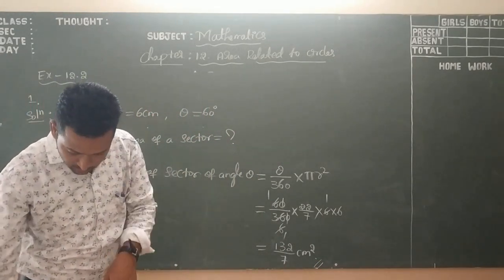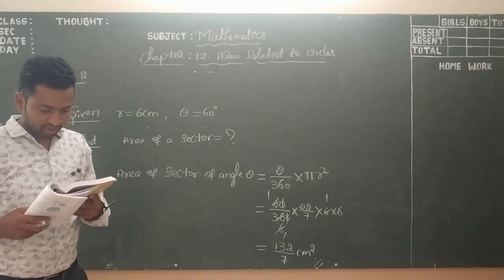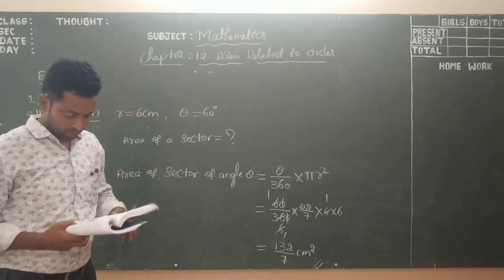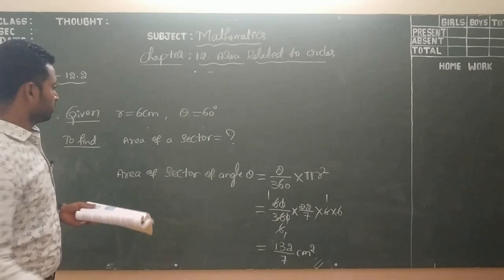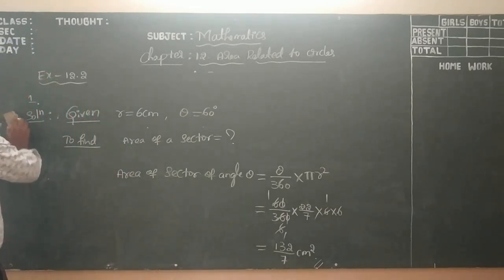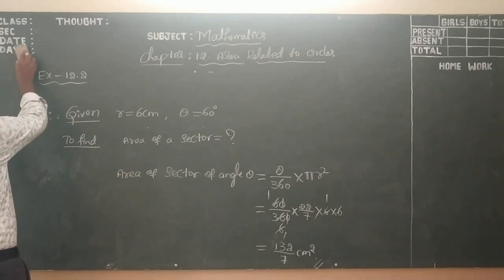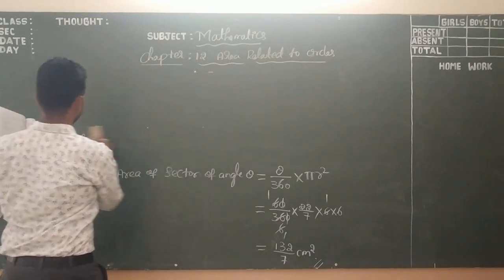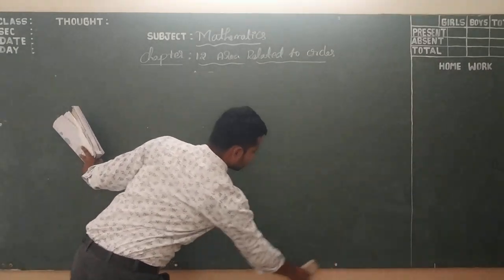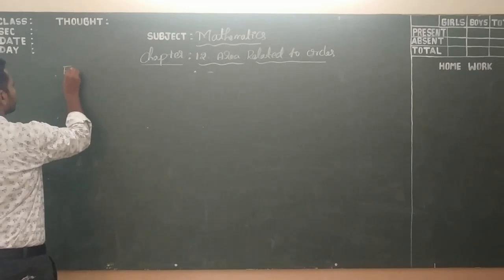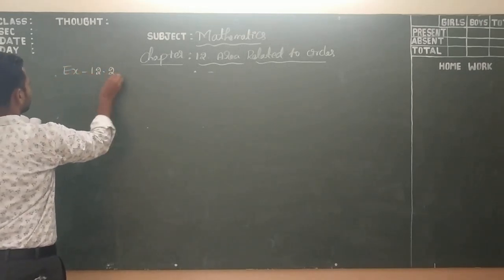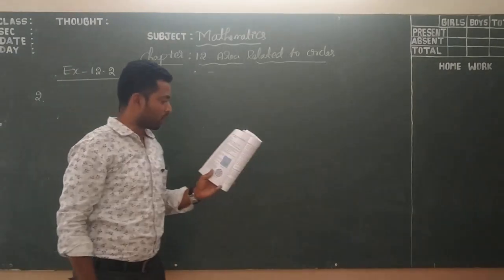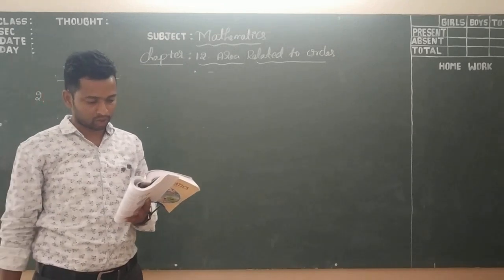Second problem, do it as homework. Find the area of a quadrant of a circle whose circumference is 22 centimeter.